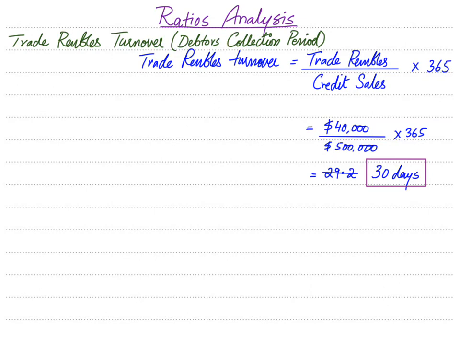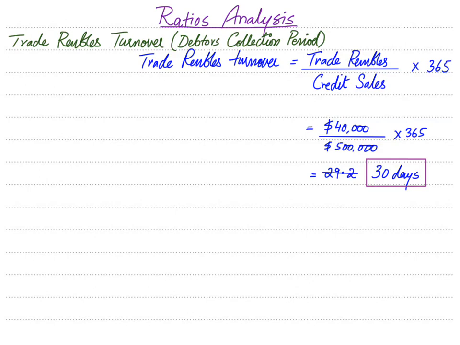So the question arises, what is better, the less or the more? The answer, my dear students, is that we need to see what our policy is, how much credit we grant to our customers. If we have already stated a policy of 30 days, receivable turnover of somewhere about 25 to 35 days is good, because the stated policy is 30 days.